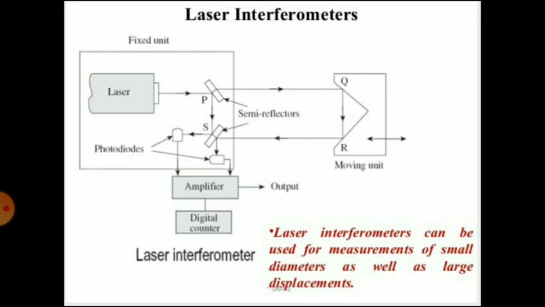On the other hand, if the path difference is an even multiple of half wavelength, then the photodiodes will register maximum output because it will be in phase, resulting in a bright spot.